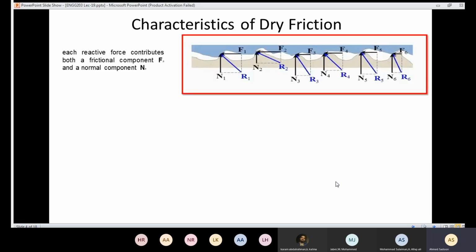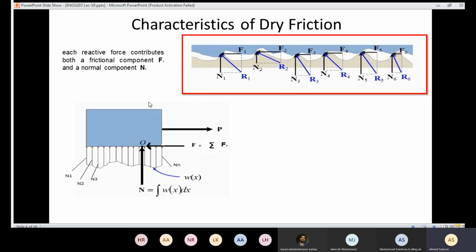And those forces could be resolved into X and Y. The forces in the Y-axis represent the normal force, the reaction in the Y-axis. The component of the reactive forces in X represents the frictional force. So I'm going to decompose the reactive force into a normal force and a frictional force.